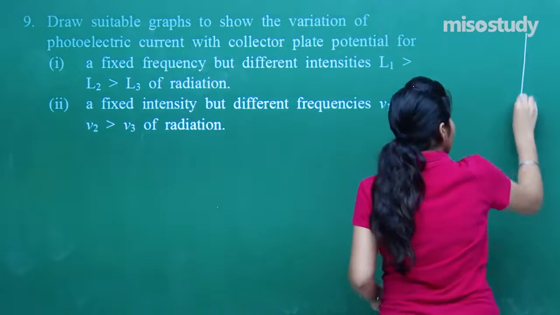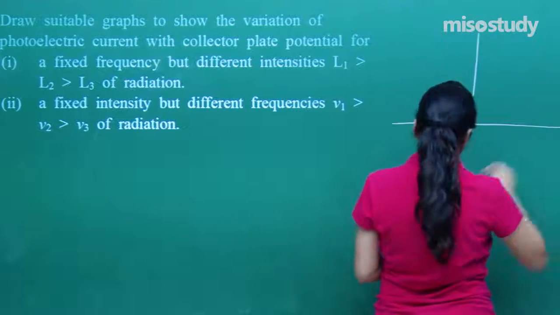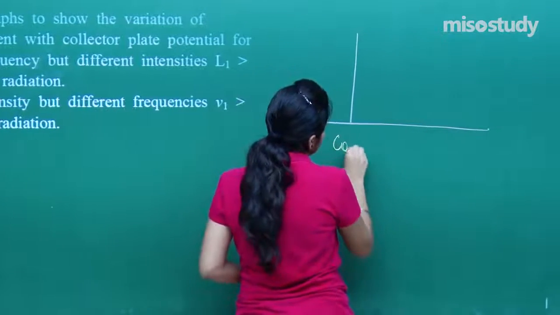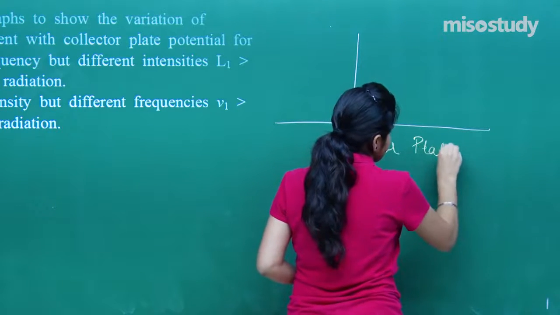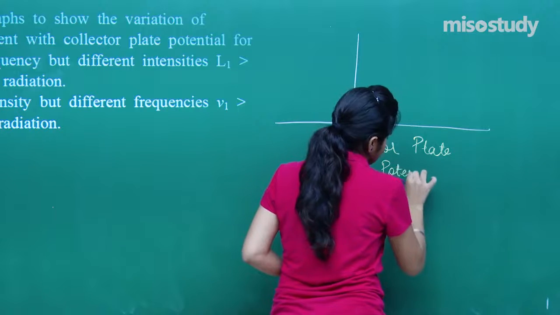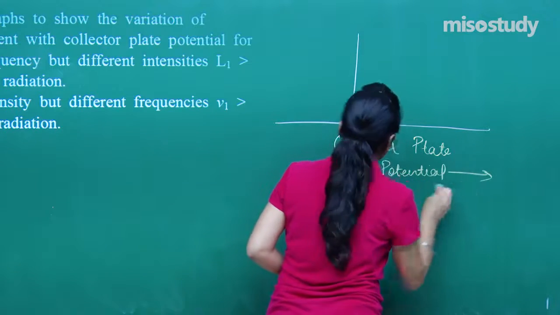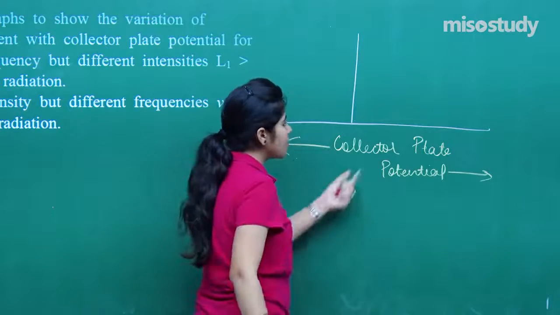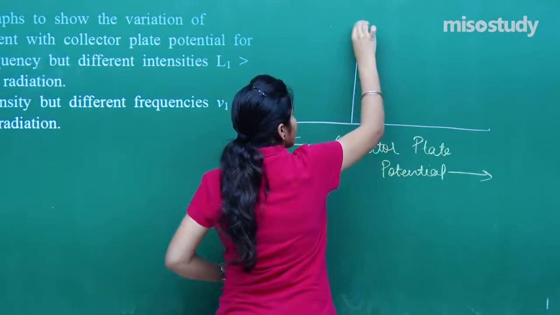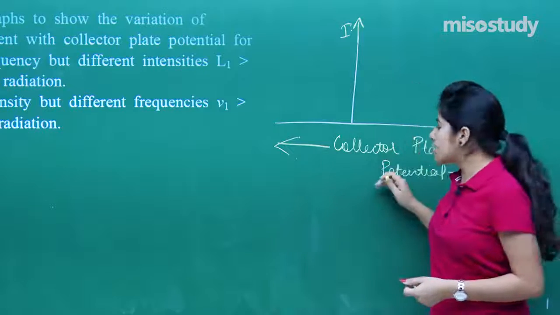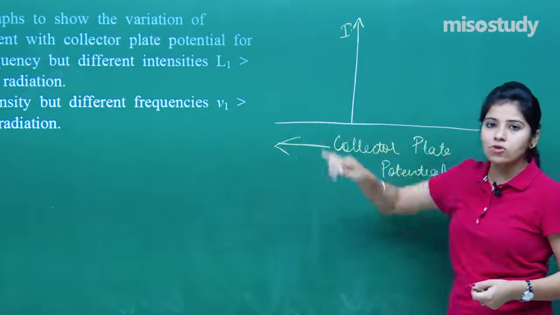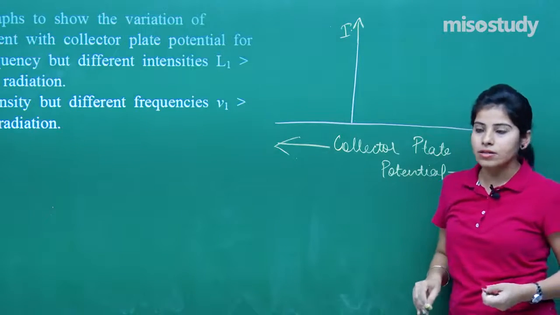Firstly, we will draw the graph plotted between the collector plate potential, here it is negative, here it is positive. On the x axis we are taking the collector plate potential, on the y axis the photoelectric current.